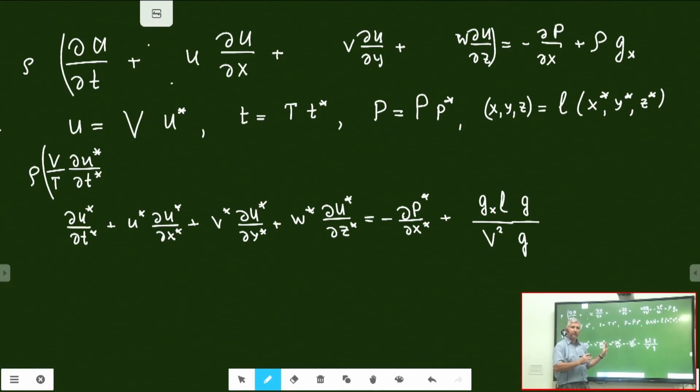Is that clear? So obviously if I multiply and divide, then nothing changes. But now, what can you say about this? Look at the previous page. That's 1, so therefore it will be G and the projection of G onto the x direction. Is that clear?